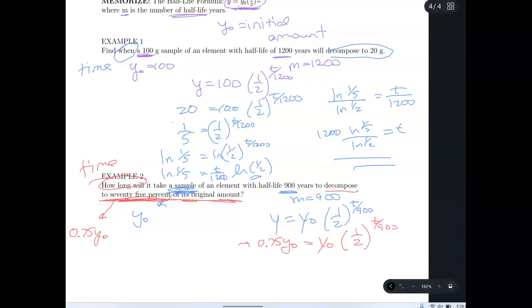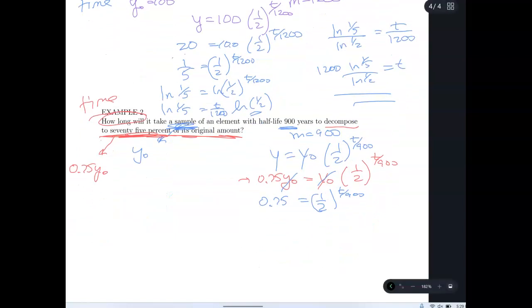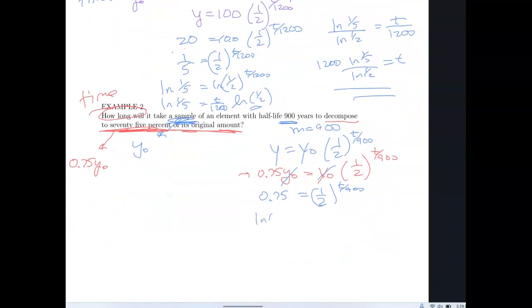Okay, I see that I can cancel this quantity of y naught because it's not 0. There's some amount there. And then let's just simplify that. And I get this. And then we're back to the same situation. We want to take the ln of both sides so that I can bring that exponent, the t over 900, down in front.